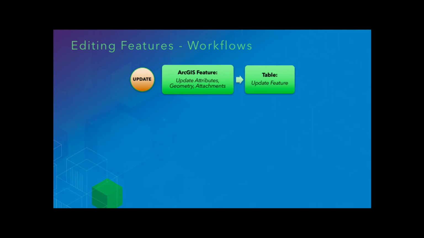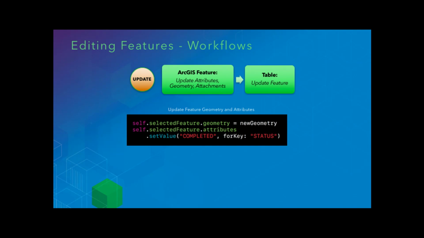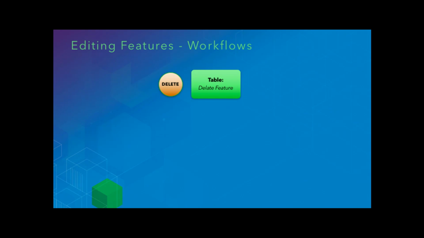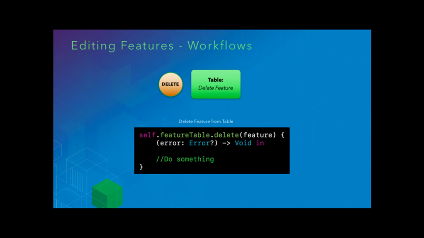For update operation, you first need to get hold of the feature either by query or identify. Then you would update the attributes, geometry, attachments, then call update feature on the table to actually update it. Deleting is simpler in that you get hold of the feature and simply delete it on the table.